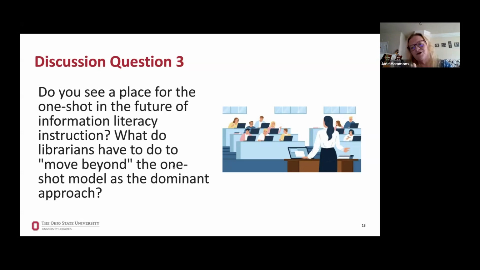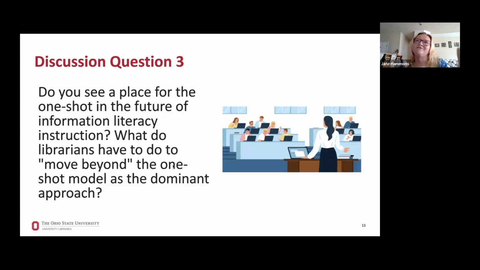But a lot of times, when I bring up the teach the teachers model, the response I get right away is, we can't do that, our faculty won't attend. And if that's the initial response, then it just cuts off the conversation right there.